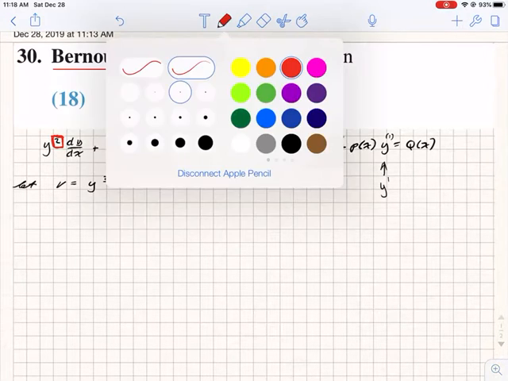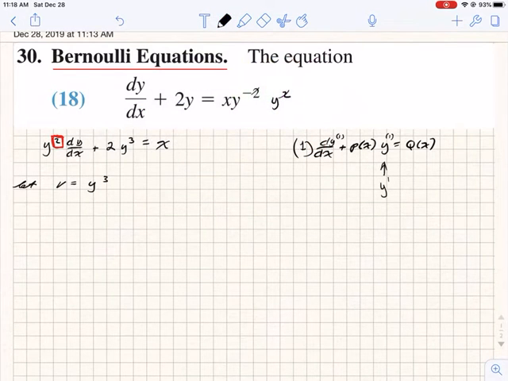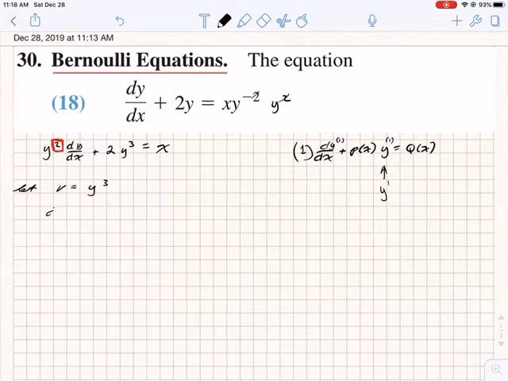But we're also going to be using implicit differentiation. So if we let v equal y cubed, dv over dx, we're going to be integrating with respect to x, is equal to, take the derivative of y, and we have to multiply it by dy over dx.